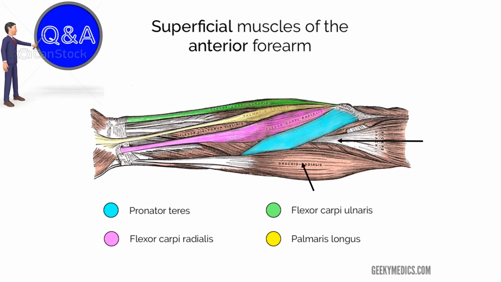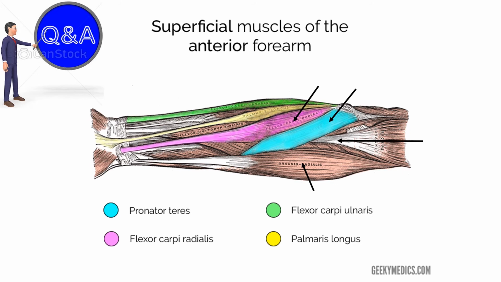And lateral to it is the brachioradialis muscle. And then we go medial to the biceps tendon, and this is what is called the pronator teres muscle.